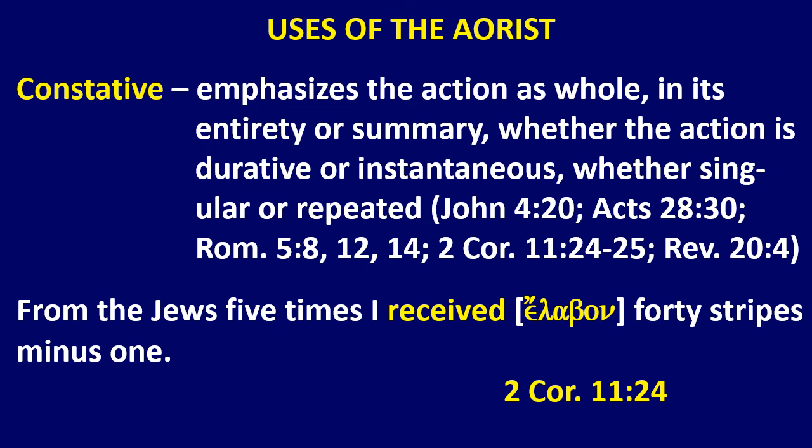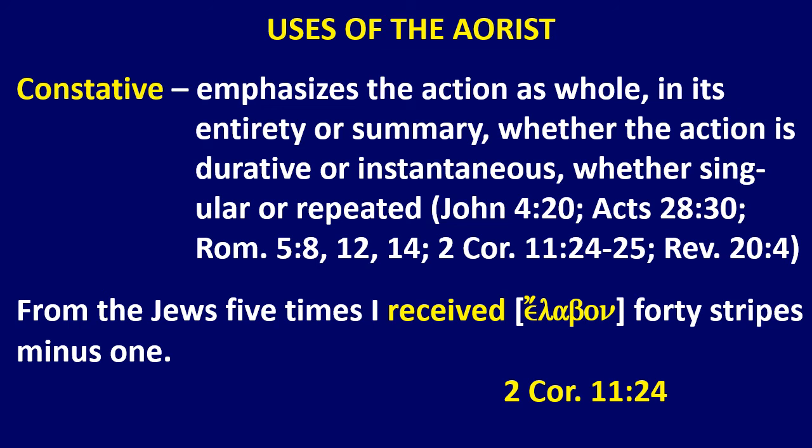Five separate occasions Paul was whipped or scourged to one lash short of death is the idea behind forty minus one there. Forty was considered the point at which a person probably couldn't survive. So five times this happened to him.